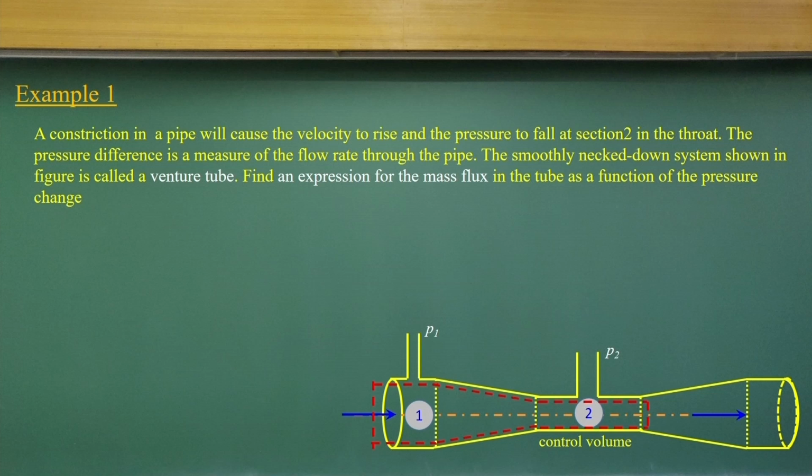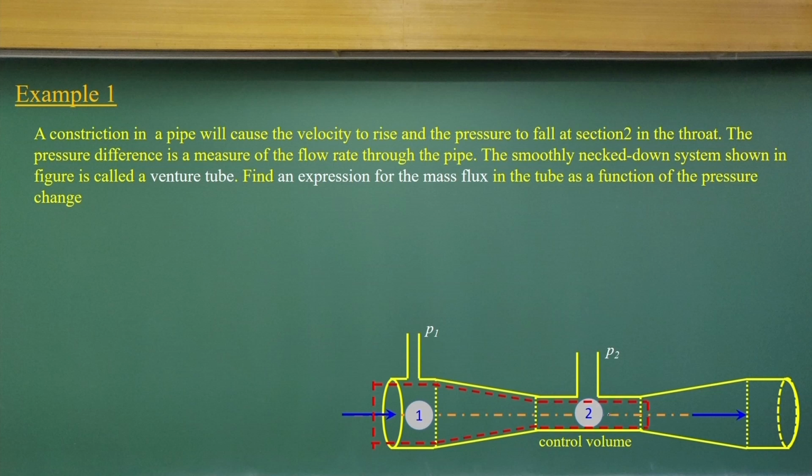Now, look at this example 1, which is a constriction in a pipe that will cause the velocity to rise. It is just like a Venturi meter: there is a converging zone and a diverging zone. Because it is a converging zone, the velocity rises and the pressure falls.